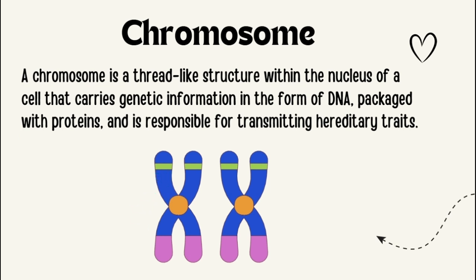When they are decondensed or uncondensed, it makes them a lot harder for us to see, right? When they are not condensed. So when they're condensed, they resemble this, but in all reality, they are made up of thread-like structures, right?